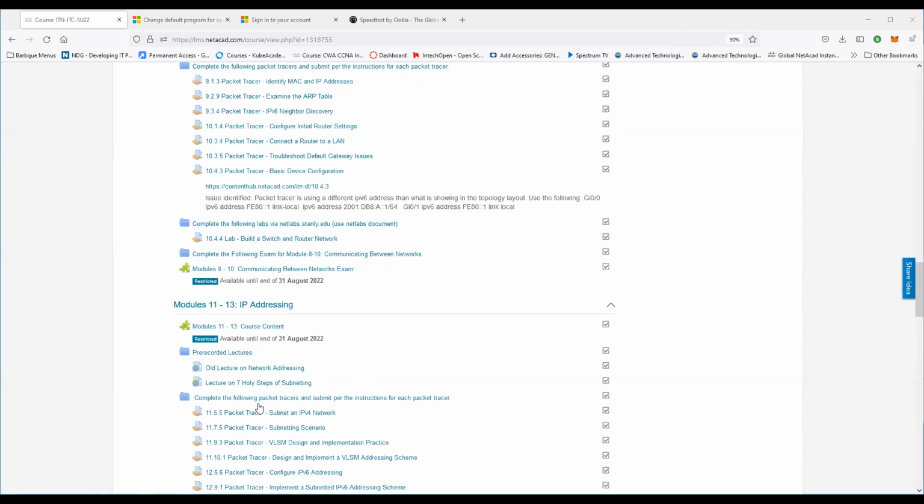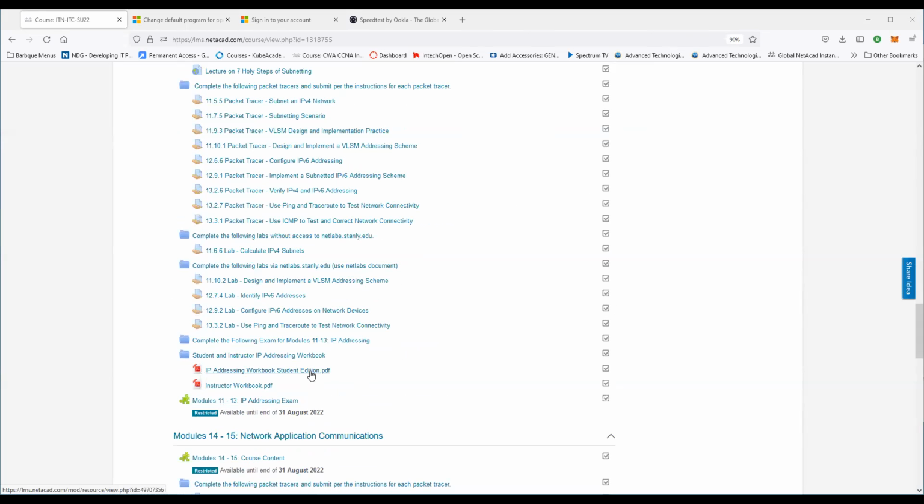Okay, and this is the student edition. Me personally, if you are having any issues with VLSM and understanding it, I would try to do the student edition first. Because if you go through it as a student now, and I don't classify the class as students, I classify all of you as instructors, but you're taking it just as a student would, taking this class for the first time or even as a repeat.